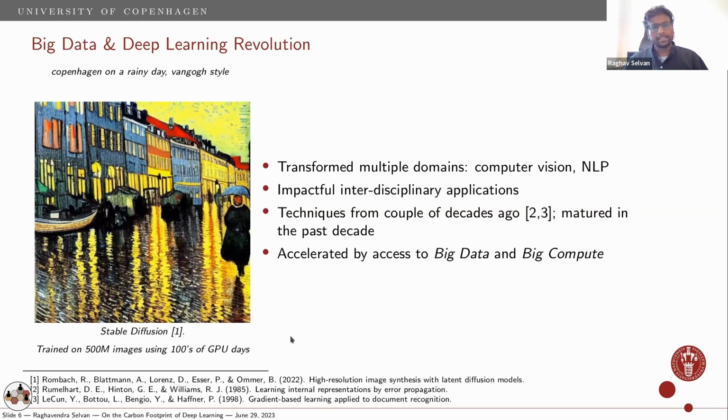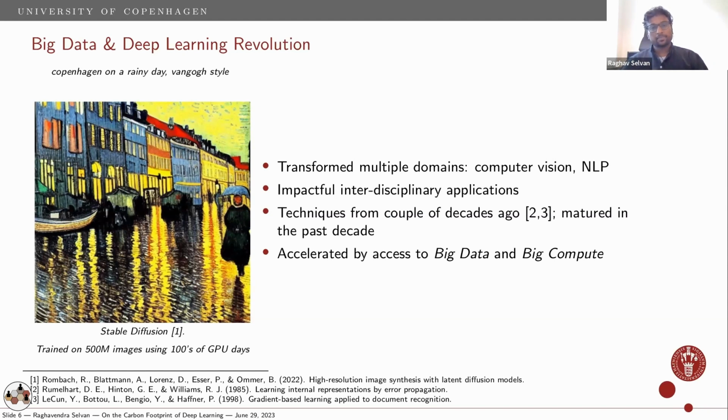So there's been a lot of impact in different applications. But if you actually look at the methods themselves, they're not very new. All the technical tools that are being used in deep learning are actually a couple of decades old. Maybe they've matured a bit, but the fundamental tricks and tools that we use are from the 80s even, or earlier than that.